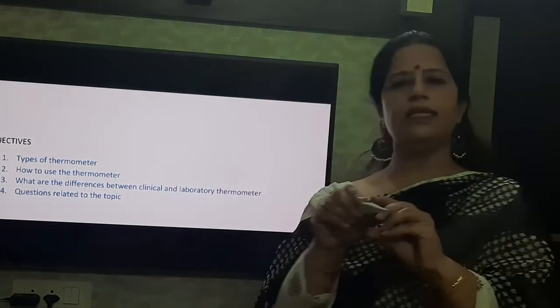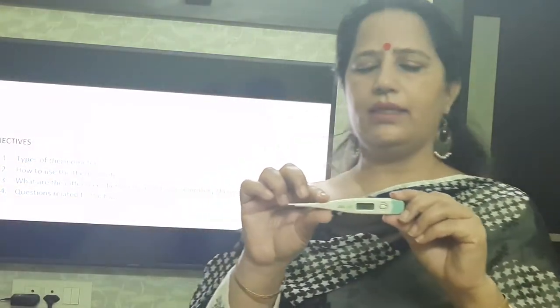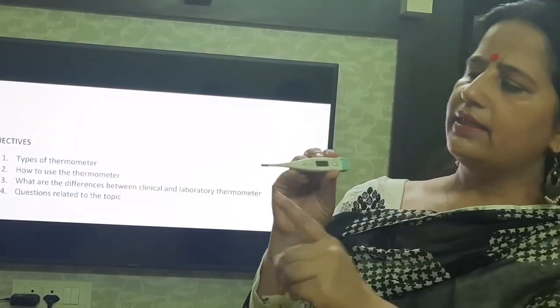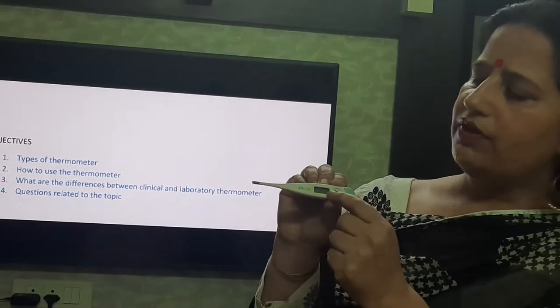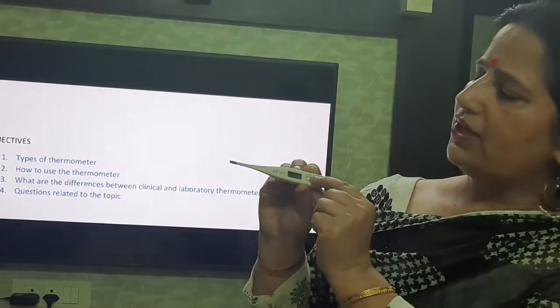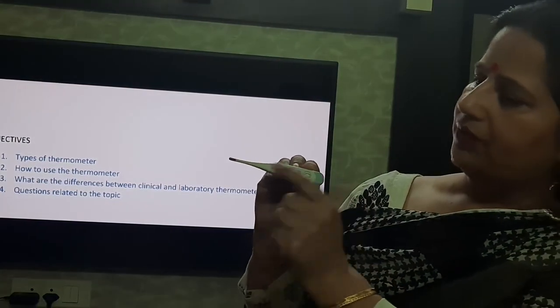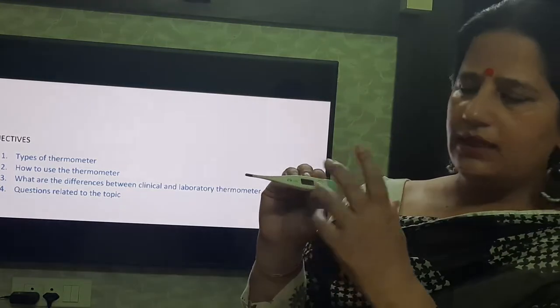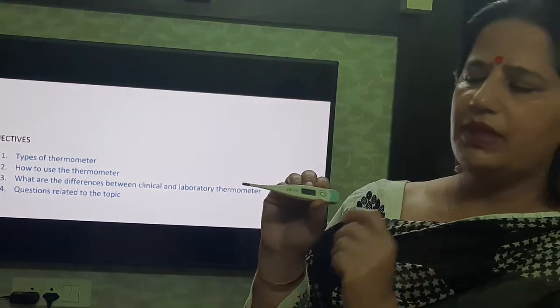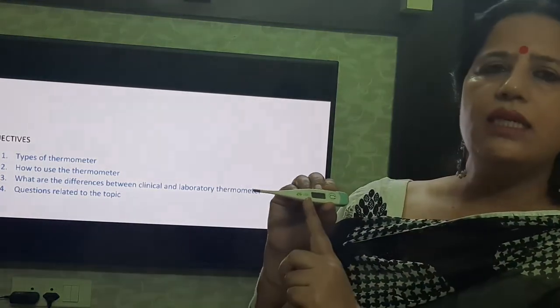Let me show you. This is another type of thermometer, that is clinical thermometer again, and again it has a bulb, and there is a screen which shows the reading of the patient's temperature. But what is the difference between the previous one, the clinical glass thermometer, and this digital thermometer? It doesn't consist of mercury.